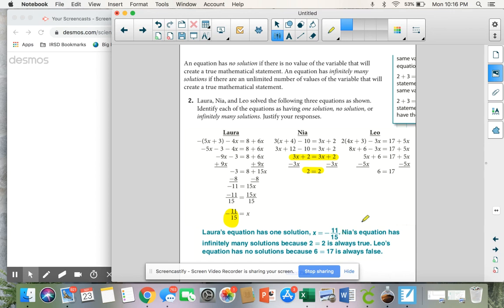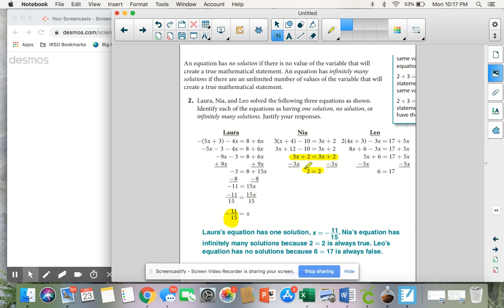So when we go back up a step before we subtracted out our 3x right there, notice that 3x plus 2 is the exact same expression as 3x plus 2. So if I put 1 in for x there, it copies and it mirrors the same expression there. If I put negative 23 in for x there, it's the exact same expression on the other side.